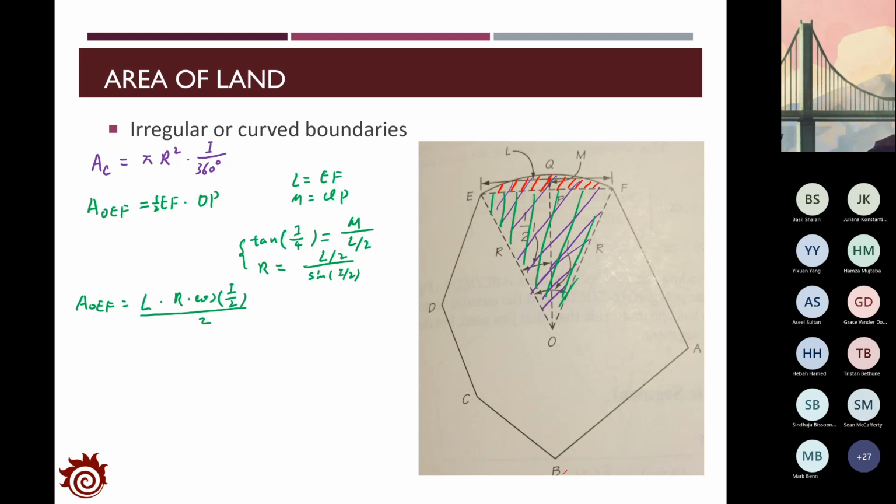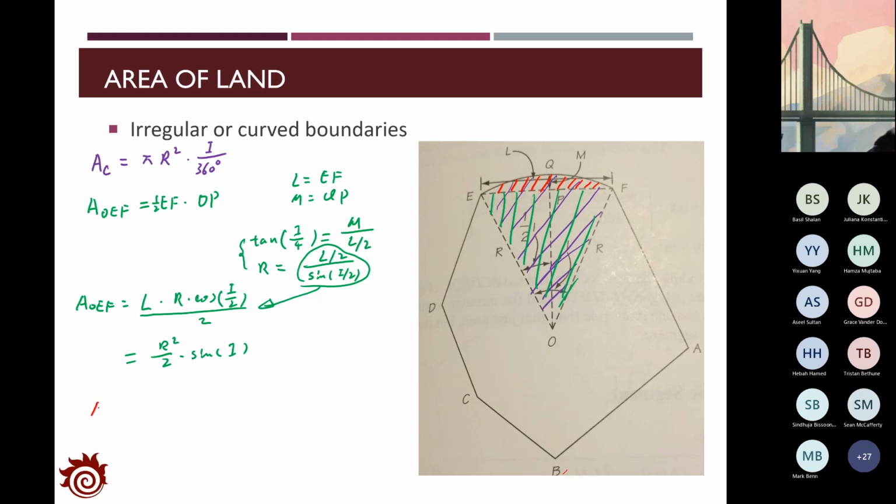With that, we can apply this relationship to this equation. We can then simplify this formula as R squared divided by 2 times sine I. And with that, we can find out the red area.